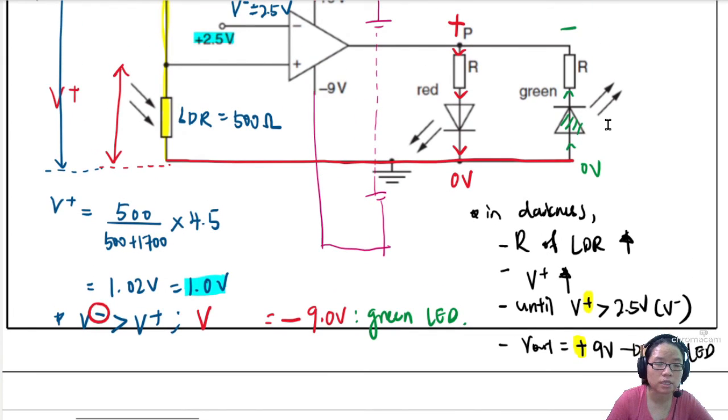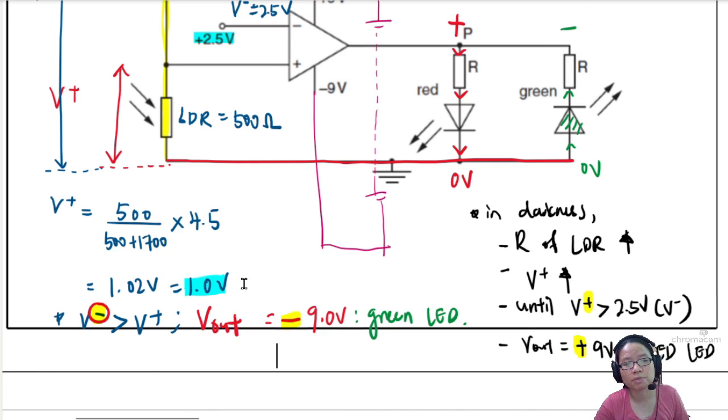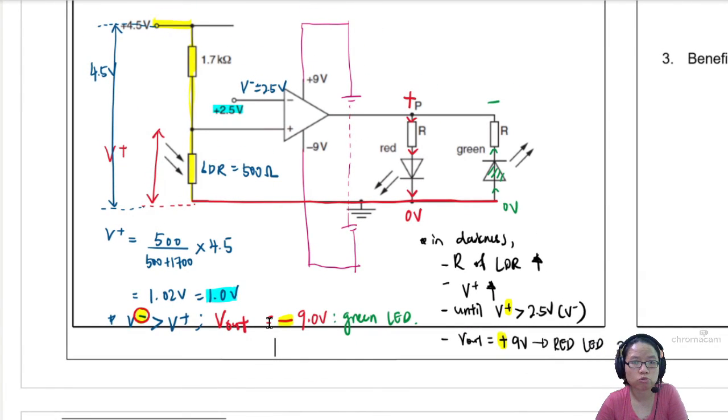Maybe your LED will turn on, maybe your LED will turn off, or maybe some relay switch will turn on or off. These are all in the remaining examples, in this particular video. V out will be equal to V supply, but what we care about is the output.